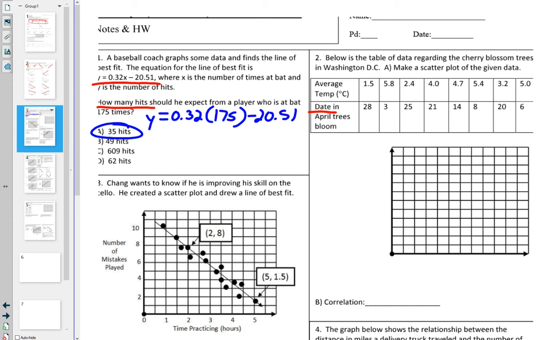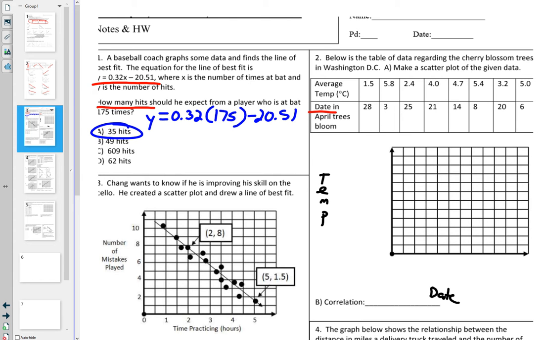The date appears to be the time. So I would assign that as the horizontal axis. The most common thing you see on a horizontal axis is anything associated with time, and then the vertical one would be temperature. So we'll do temperature this way, and date this way.